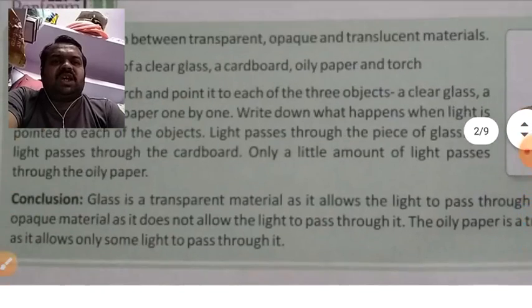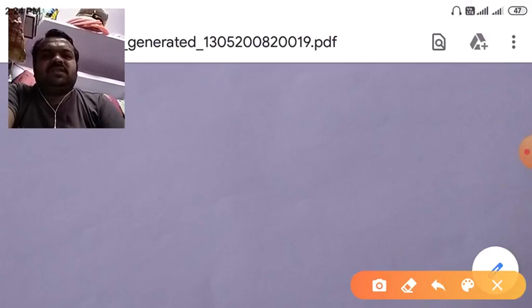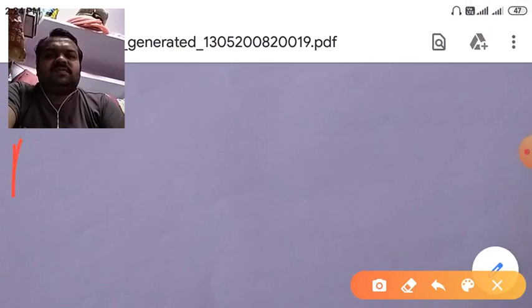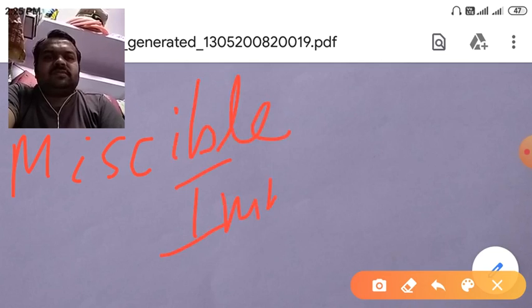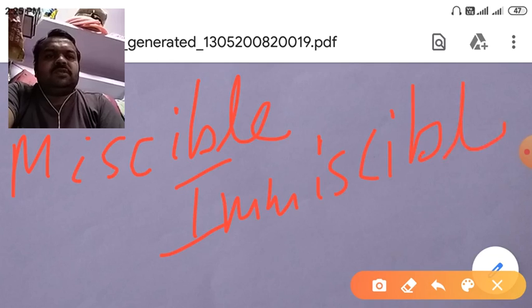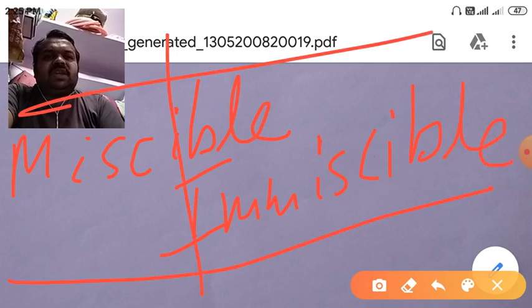So we can divide these things into two categories, miscible liquids and immiscible liquids.